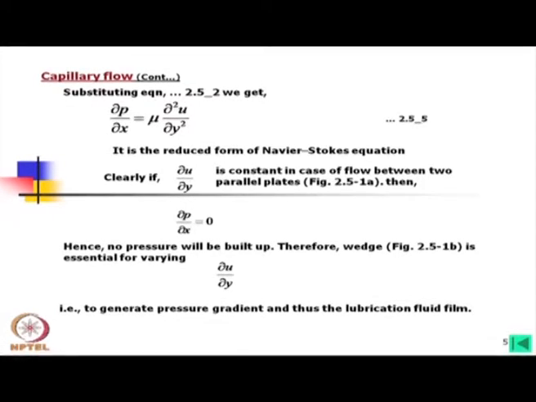Now, this lubrication fluid film needs a pressure gradient in the flow in the capillary passage, only then will this film be generated. Now, I was talking about what might be the problem if there is a rough surface.